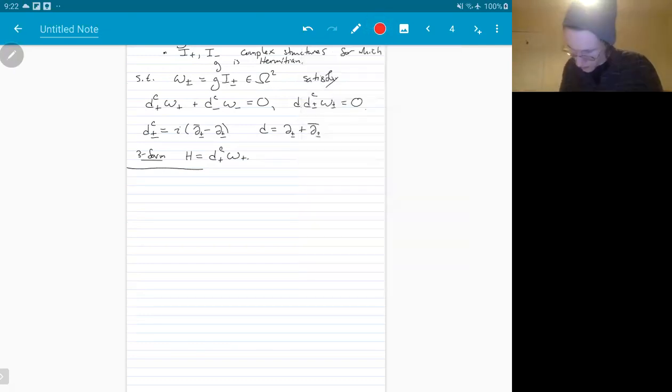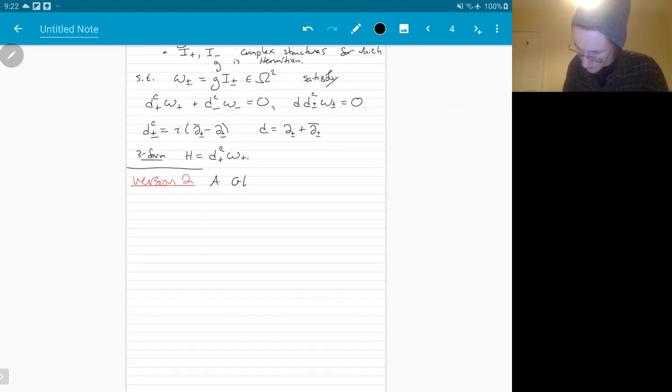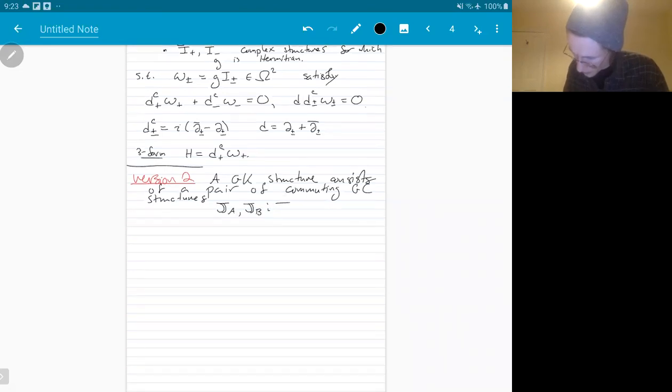There's the second version, which was that a generalized Kähler structure consists of a pair of commuting generalized complex structures. Remember, these act on T plus T star.